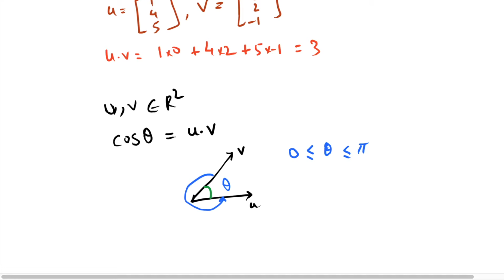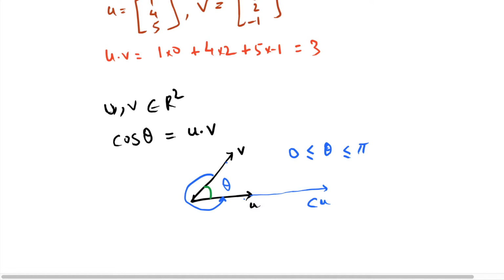All right. But what if the vectors u and v are in R2, but they are not unit vectors? How do we find the angle between u and v now? Note that the angle between two vectors has nothing to do with the length of the vectors. So the angle theta between vectors u and v will remain the same if vector u is scaled by some scalar c.